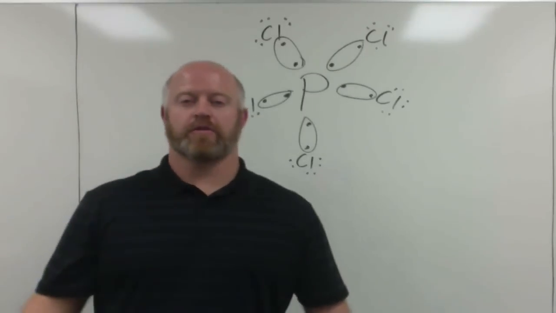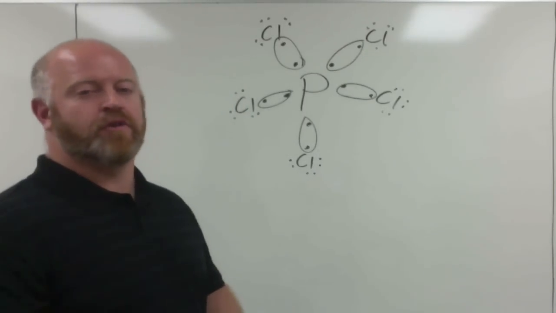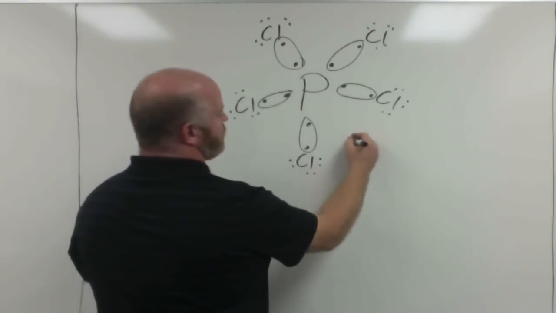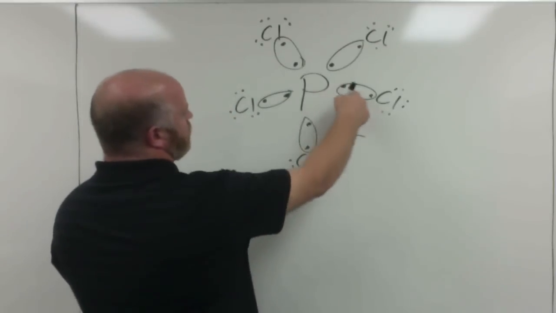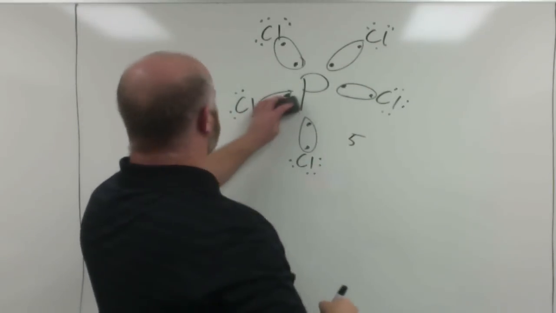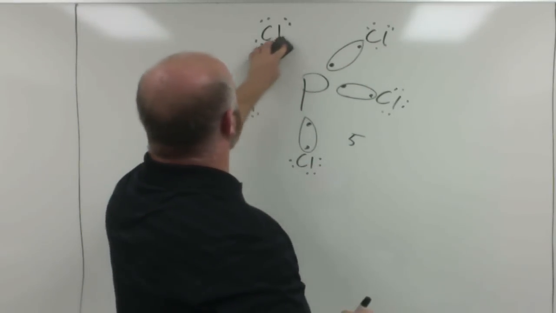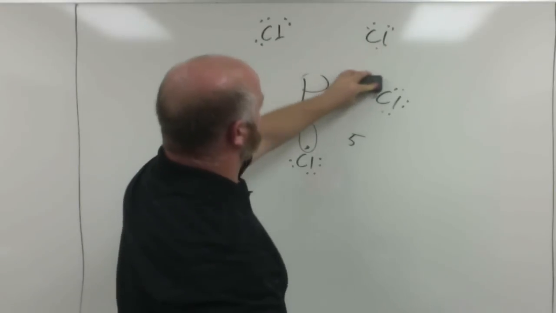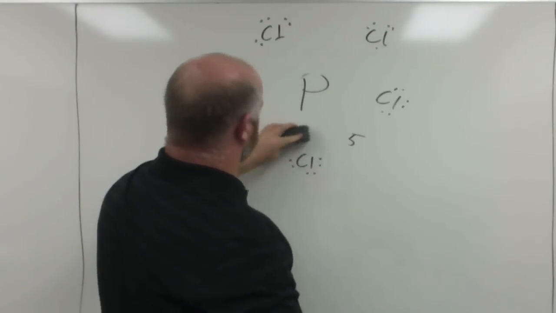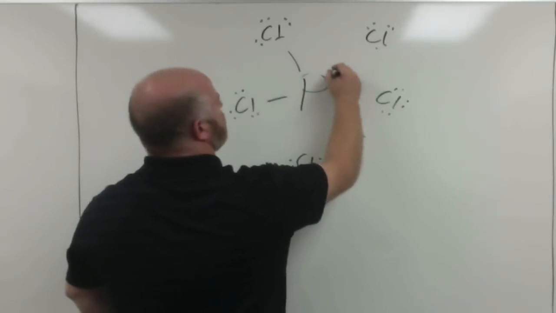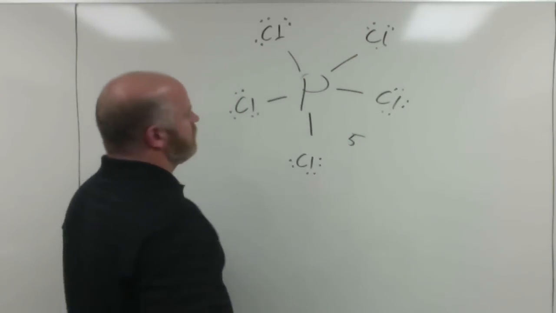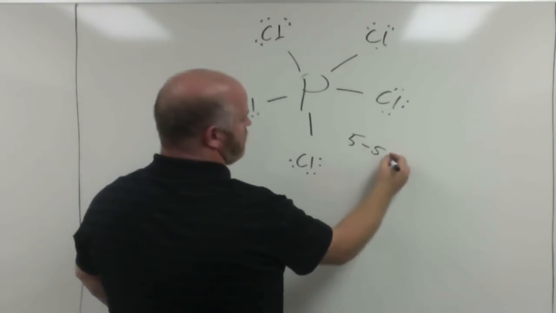Now, we should check our formal charges to make sure that there's nothing goofy going on. Well, phosphorus starts with 5. It has 1, 2, 3, 4, 5 bonds now. We can show that by drawing in the 5 lines. So it has 5 bonds.